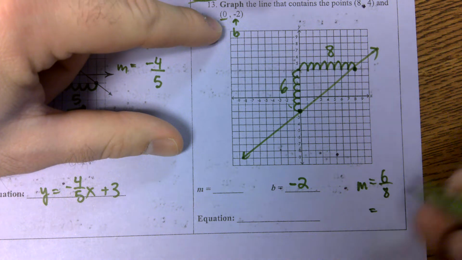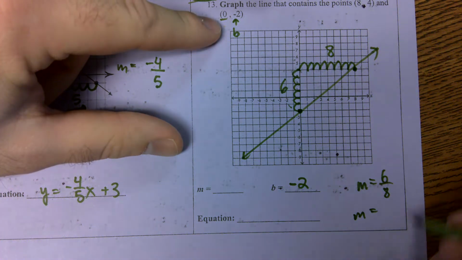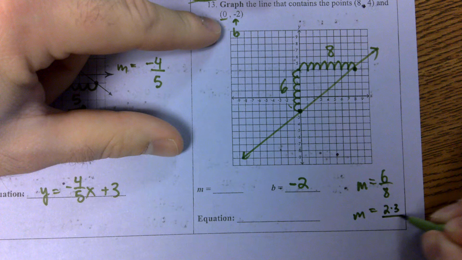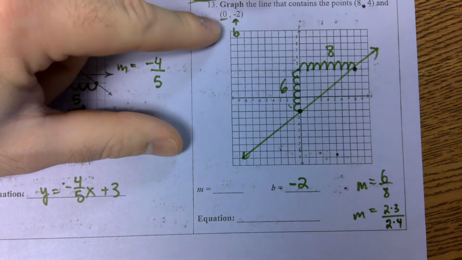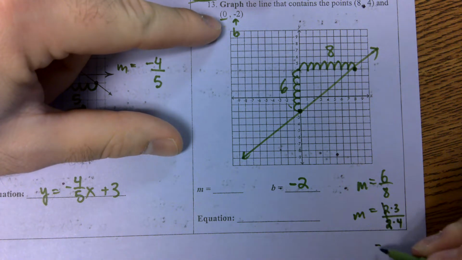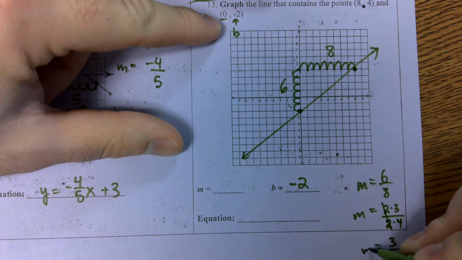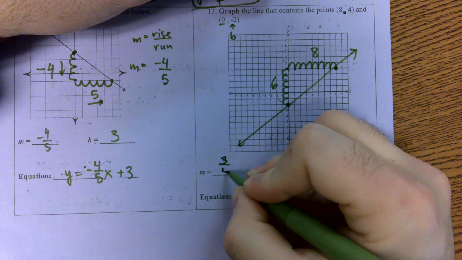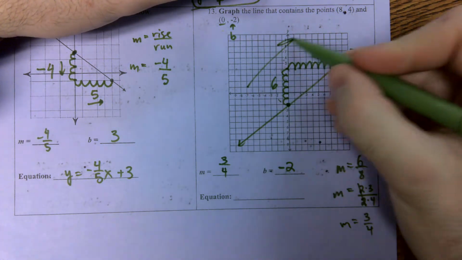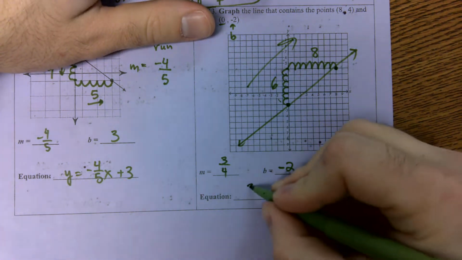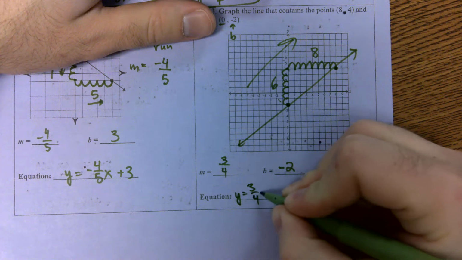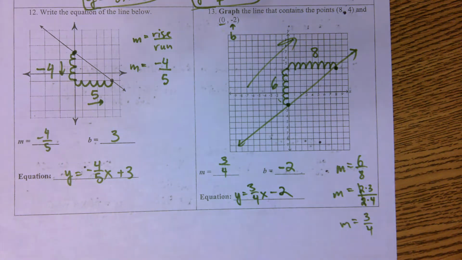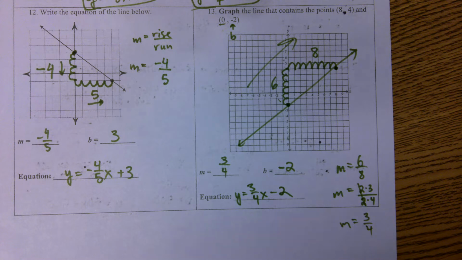Rise over run is 6 over 8. 6 is 2 times 3. 8 is 2 times 4. Cancel out the 2's. And we get a slope here of 3 over 4. From left to right, this line is sloping uphill, so we know it's got to be positive. And we can write our equation. Y equals 3 over 4x minus 2.